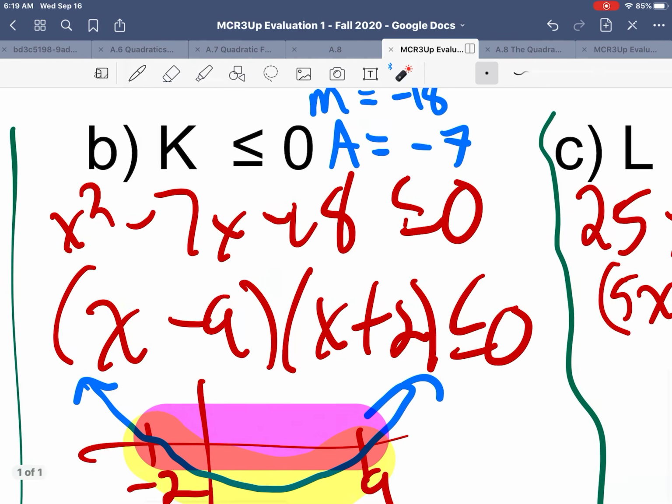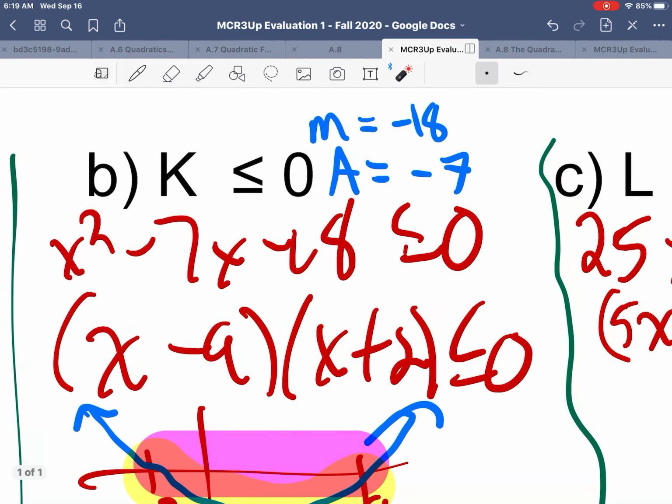Okay, for this one here, x squared minus 7x minus 18 is less than or equal to 0. This is a simple trinomial. Okay, it's not a perfect square. So it multiplies to negative 18. It adds to negative 7, the two factors.